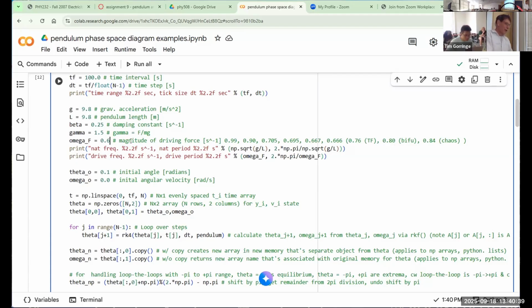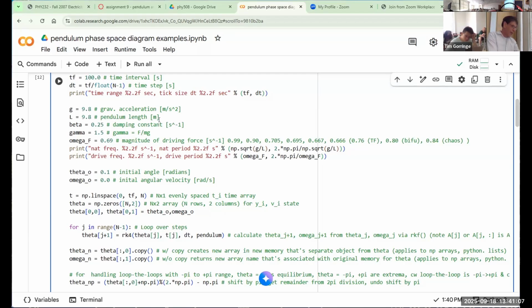Yeah, this is me playing around before. 0.667 is chaotic. I'm going to come to chaotic motion, but I wanted to find the bifurcation. It was really a specific point. It's a very quick transition from periodic to period doubling to chaotic motion.